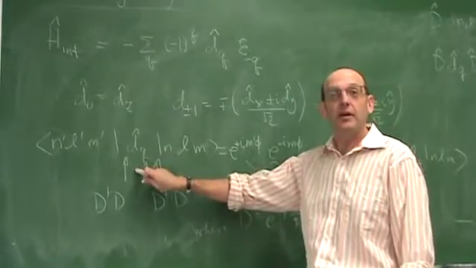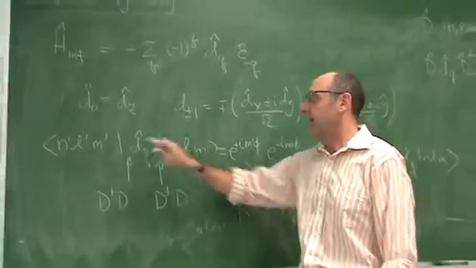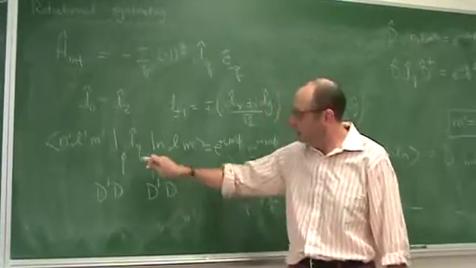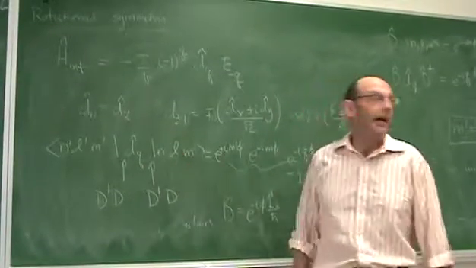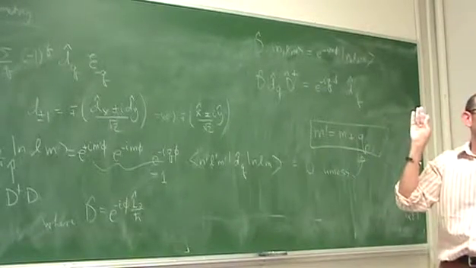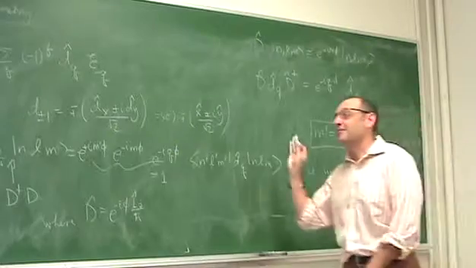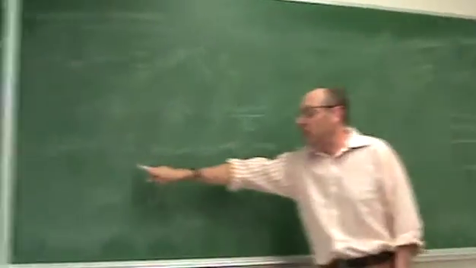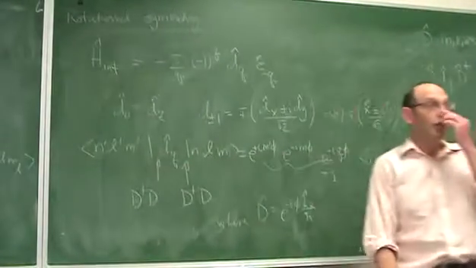If q is plus 1, then m prime has to equal m plus 1. If q is minus 1, then m prime equals m minus 1. And of course what we see here is that m prime can only change by 1 or nothing, and whether it changes by 1 or nothing depends on which component of the dipole we're looking at.